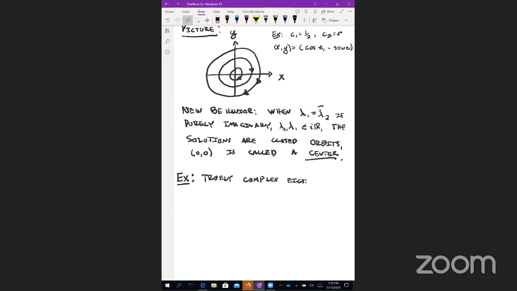We've looked at the case of imaginary eigenvalues. They're going to close up. Let's look at x prime equals 3x minus 2y and y prime equals 4x plus y.